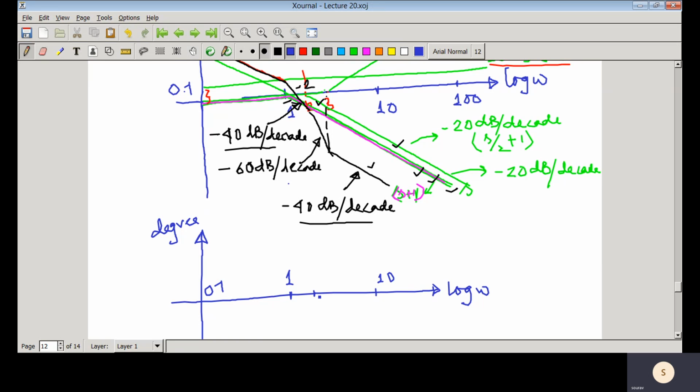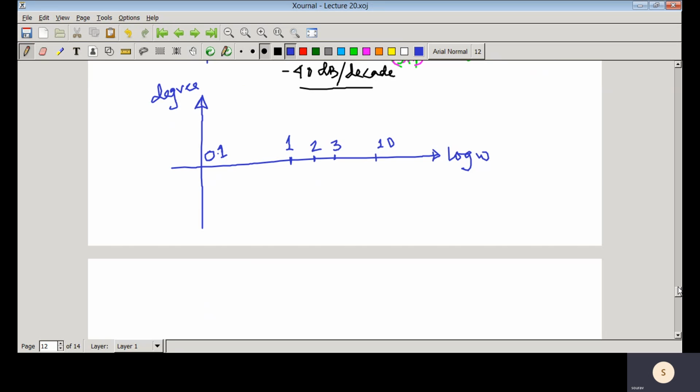We have one corner frequency, that is 2, and another corner frequency, that is 3. And for S, we have seen that the angle is minus 90 degree.